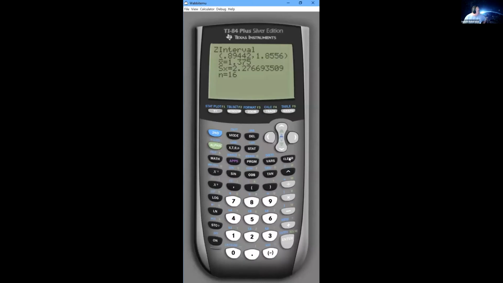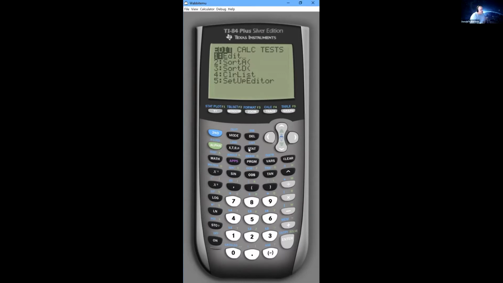Now, if you can hang on a minute. You've never done this before, so maybe this question's unfair, but I think you should be able to answer it as well. I'm hitting start. What do you think the first thing I'm going to have to do to get this confidence interval? Go to tests? Not yet.